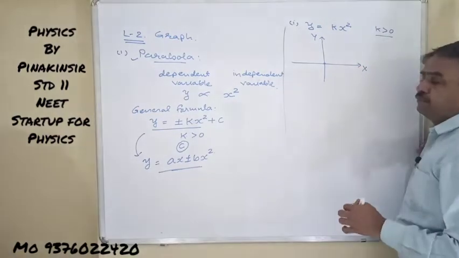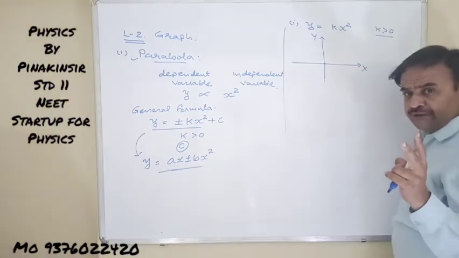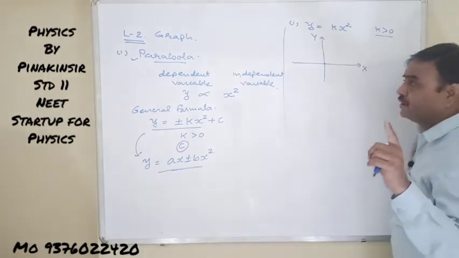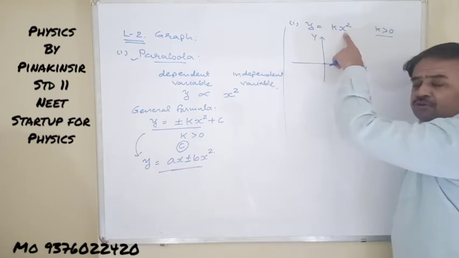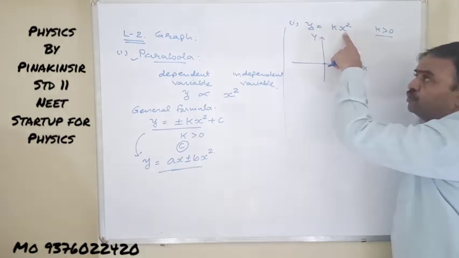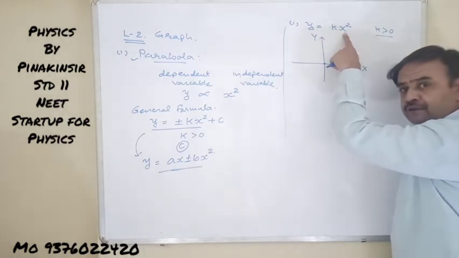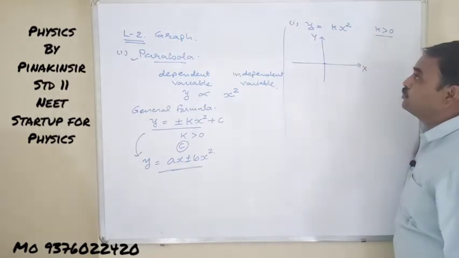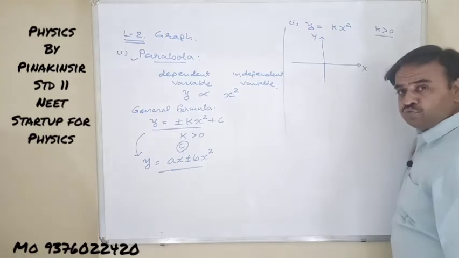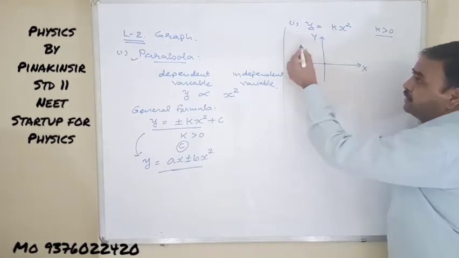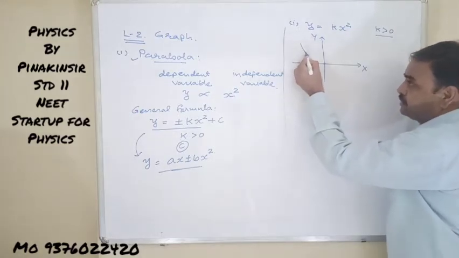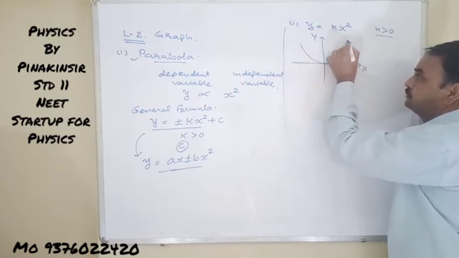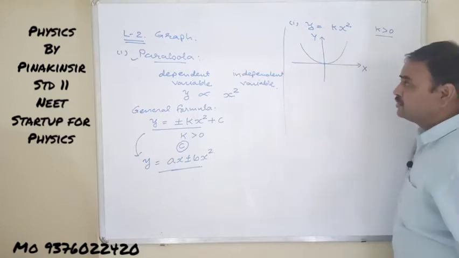See here, for a set of two values of x, y will be common. For x is equal to plus 2, what will be the value of y? Again, the same value will be there for x is equal to minus 2, because the power of x is 2. Thereby, the graph will be symmetric about the vertical axis.